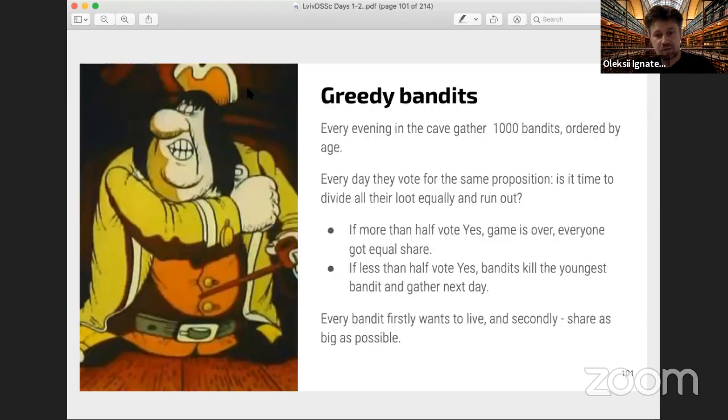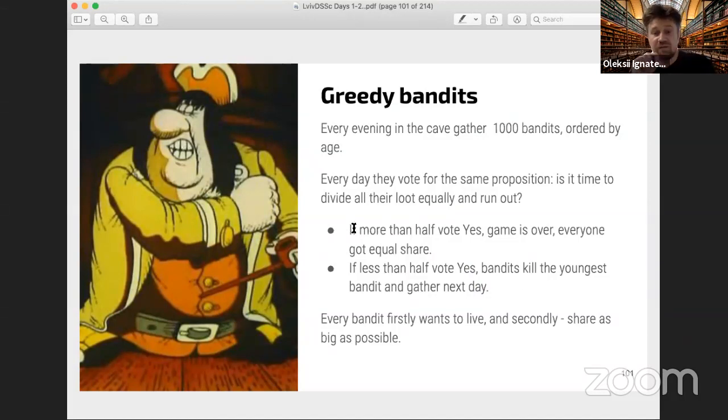Okay. If more than half vote yes, then the game is over, and half is not more than half. So it's actually my mistake, no, less. Otherwise, the bandits kill the youngest. So yes, right question.